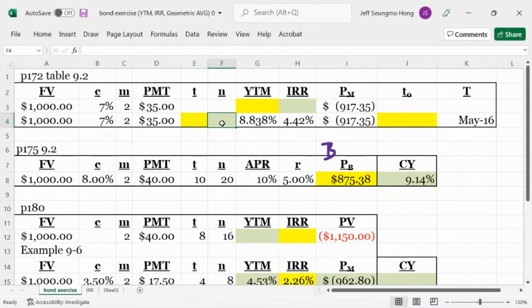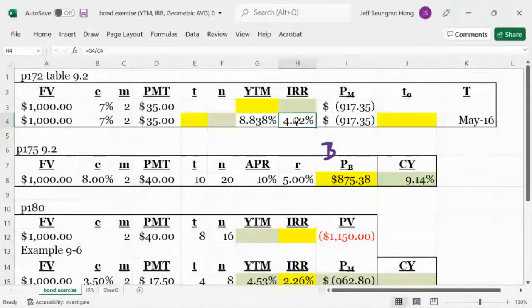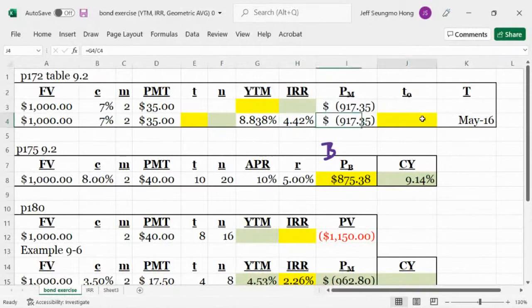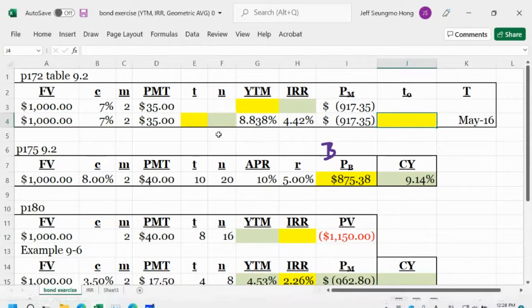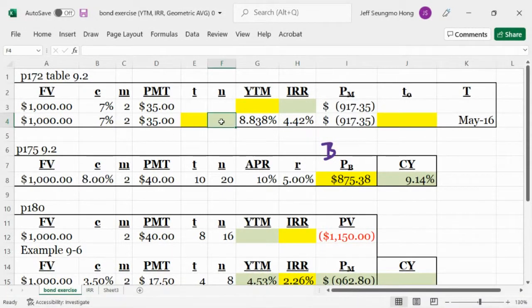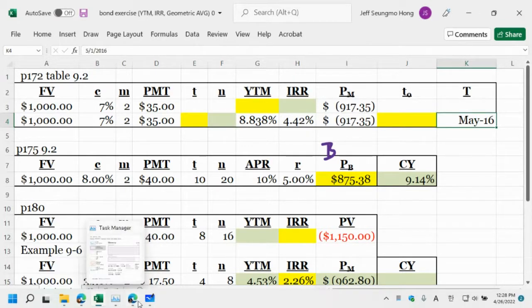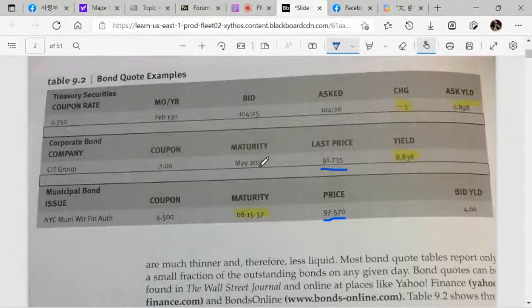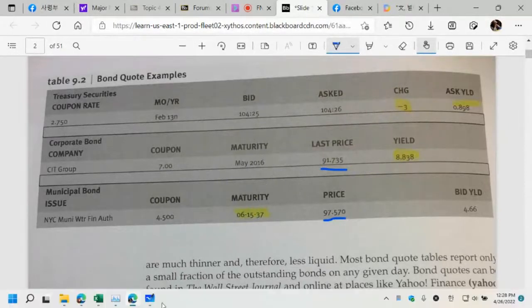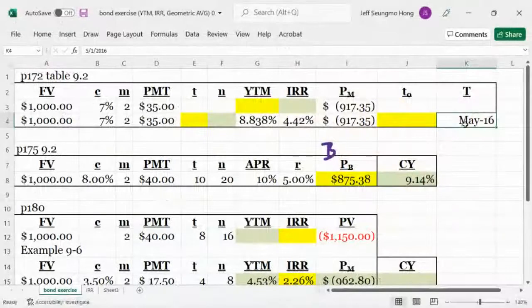Given yield to maturity of 8.38, and half your rate is this, we can figure out what n will be, right? And from that example, maturity was May of 2016. So I plugged in there. Let's figure out what's going to be the n.